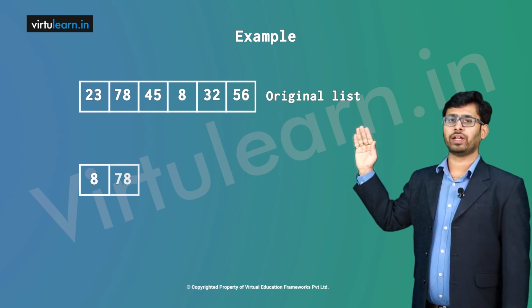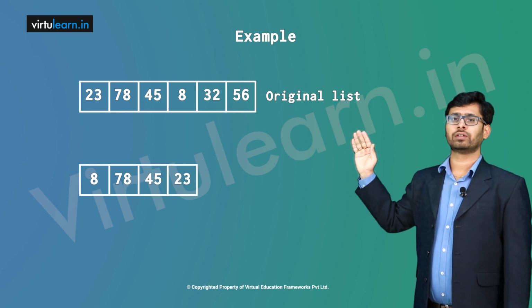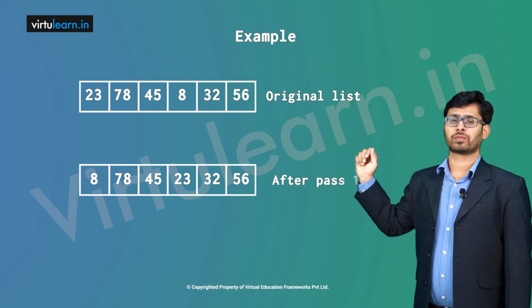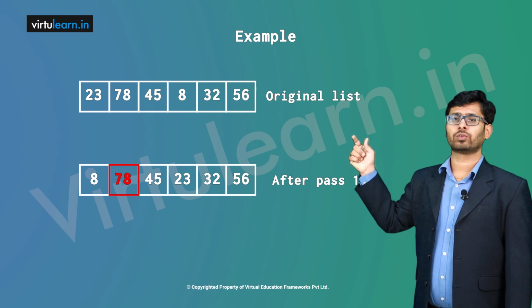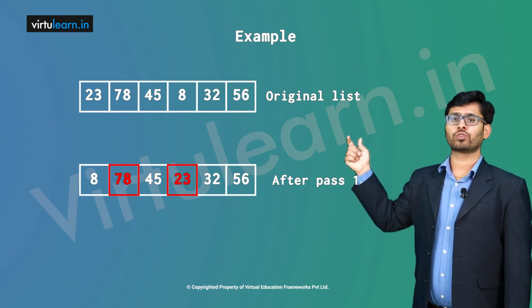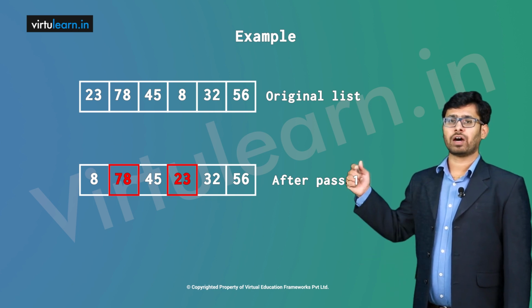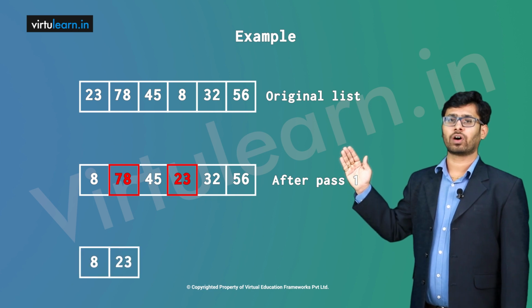After the first pass, go for the next element. That is 78, 45, 23, 32 and 56. Now compare 78 with 23. As 23 is the least one, now we need to swap it. After the second pass, now 8 and 23 are already sorted.